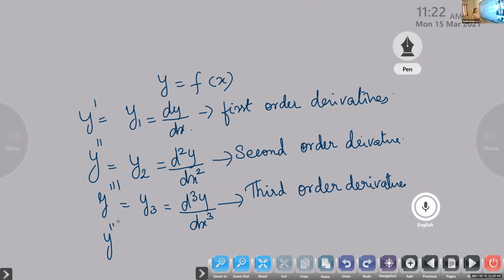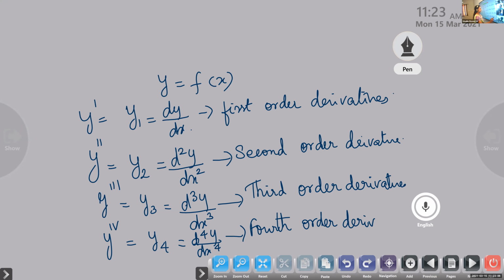Now y4, which is d raised to 4 y by dx raised to 4, is the fourth order derivative. So first order, second order, third order, and fourth order.